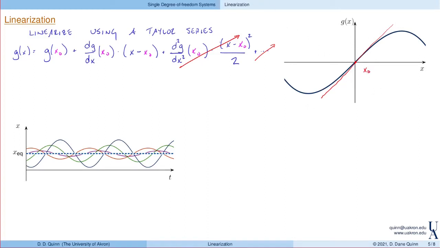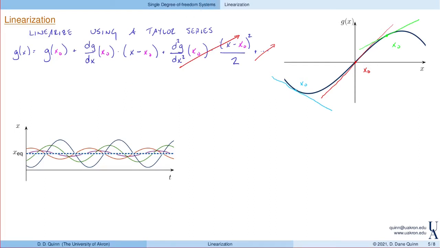Now, if I were to choose some other point, maybe I chose this point as my origin, then now the slope changes and the linear approximation changes. I can keep going with this, right? I could take a point over here, x0, and now my linear approximation, again, has a different slope. So for these nonlinear functions, the linear approximation depends on what point you take as your base point.